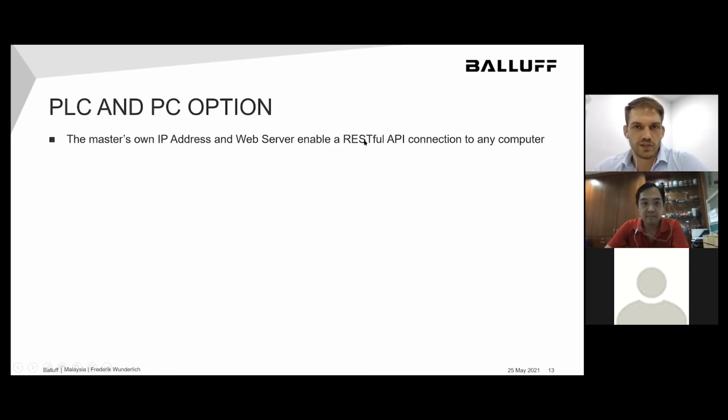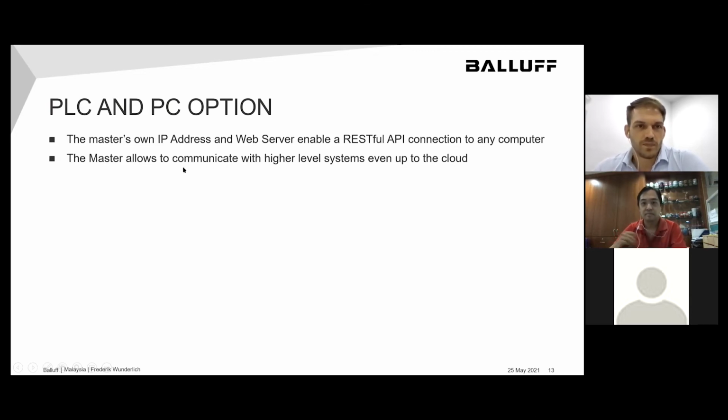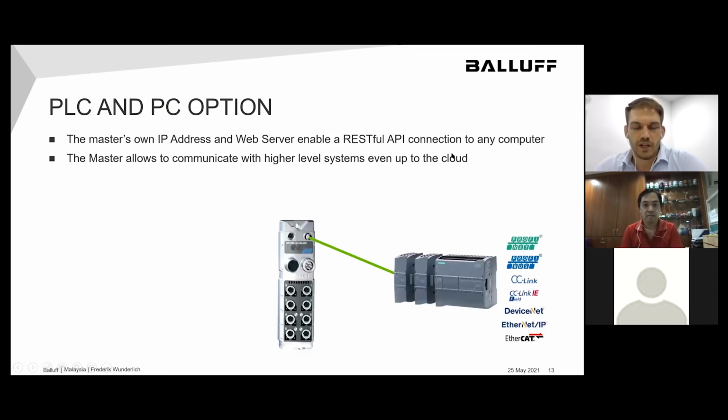The interface is called a RESTful API, but in the end, you can connect the master to any computer, which then also allows the master to communicate with higher levels of other systems, for example, the cloud.